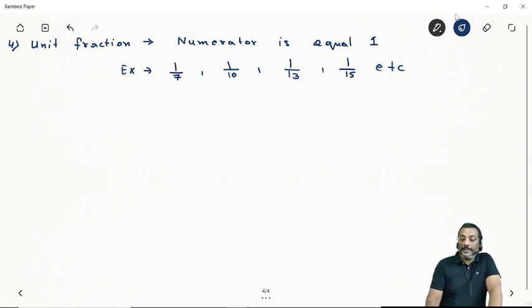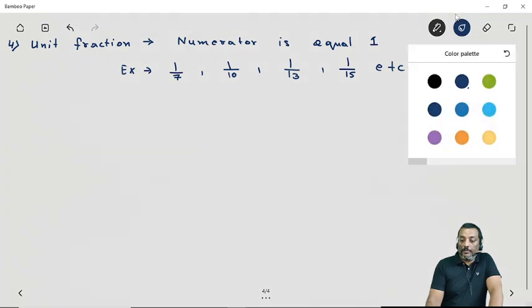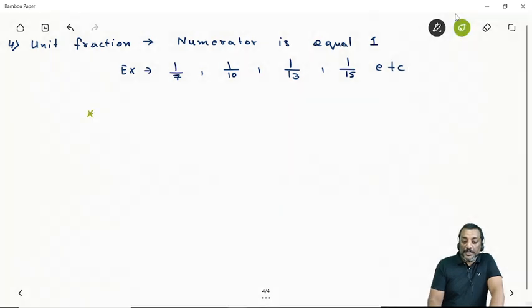And also you can consider one important point here: a unit fraction is also a proper fraction. Okay, so all unit fractions are proper fractions.